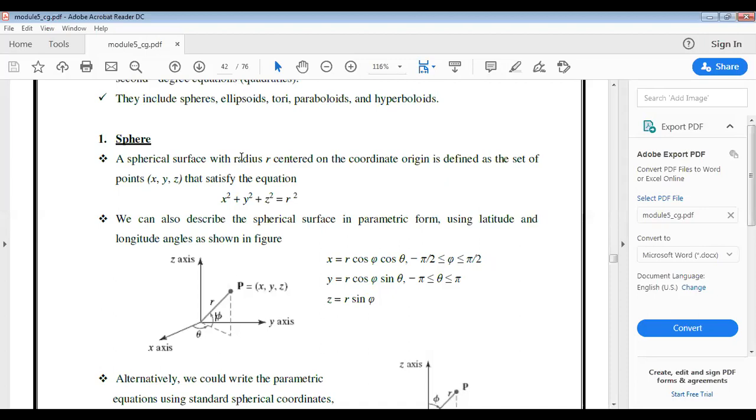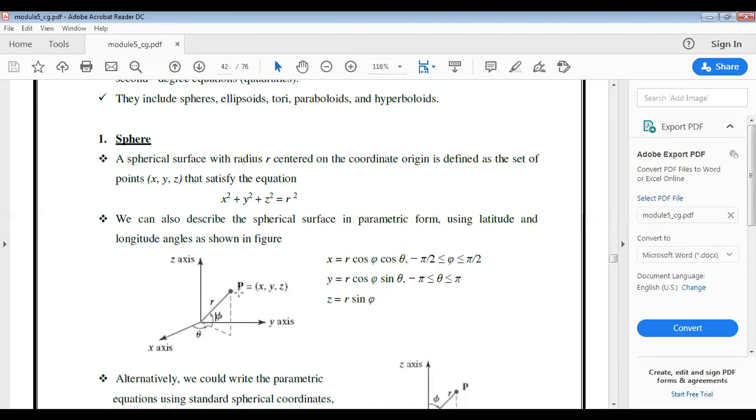So this is the x-axis, this is the y-axis, and this is the z-axis. Now on this surface, if we take any point P, it is x, y, z.